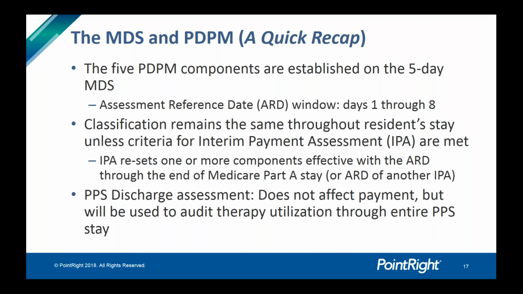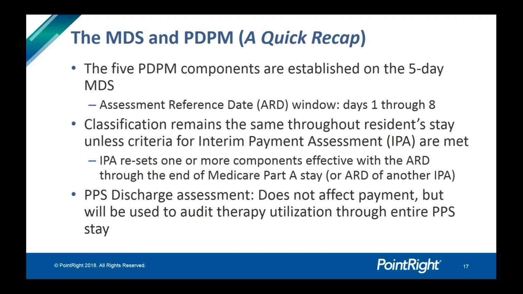Now, the clinical classification. An ICD-10 code would put a resident into a clinical category. That clinical category would remain the same for that resident unless the criteria for an IPA, an interim payment assessment, are met. An IPA is like a significant change assessment.